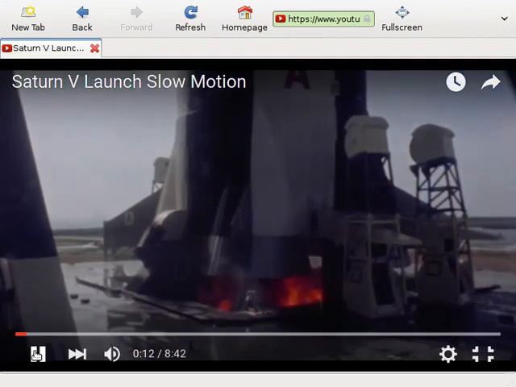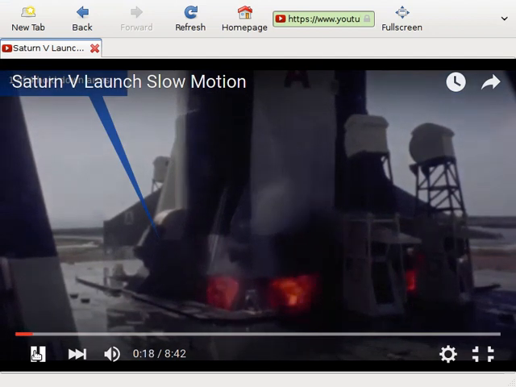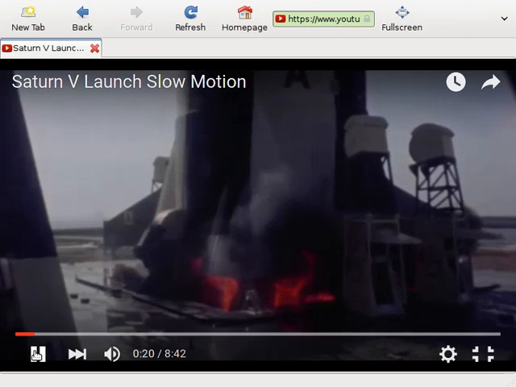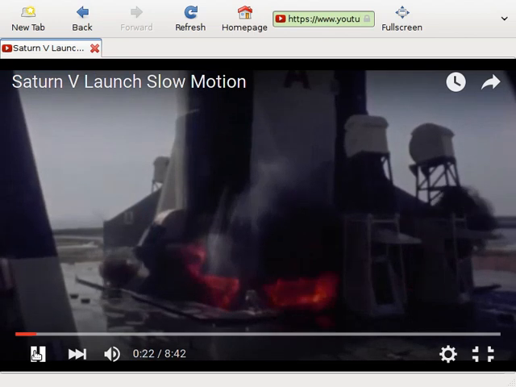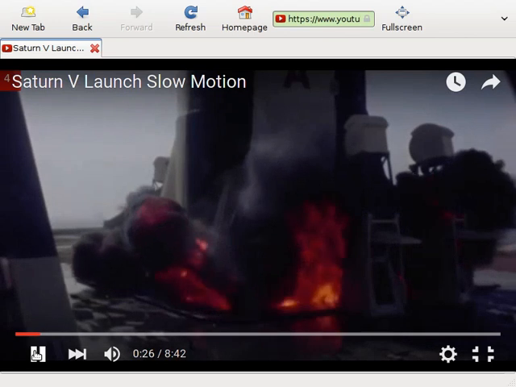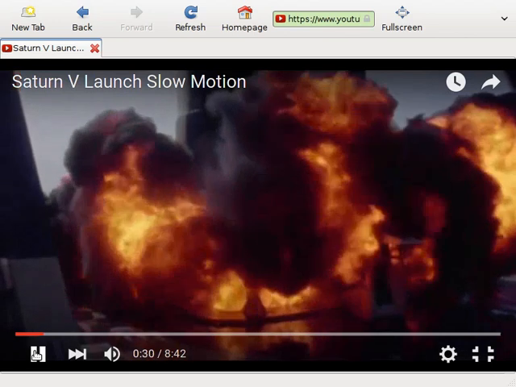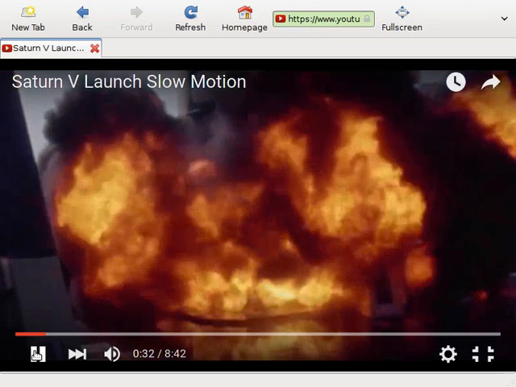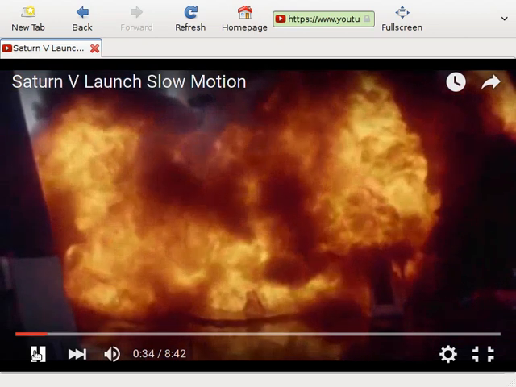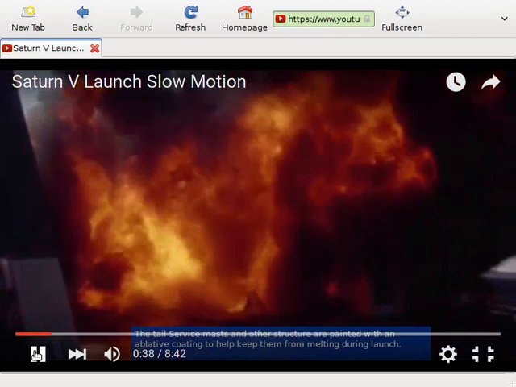Now, see here on the video. The gas is coming out, and yet the rocket's not moving. Gas is still coming out, rocket's not moving.